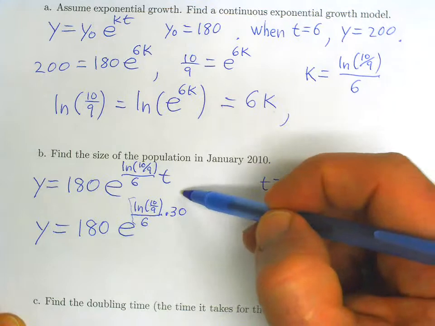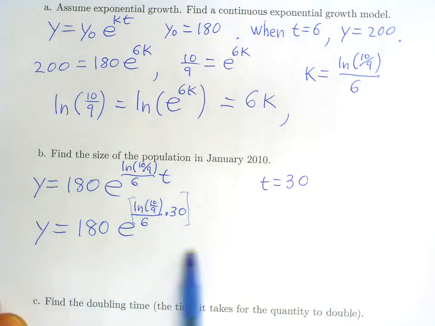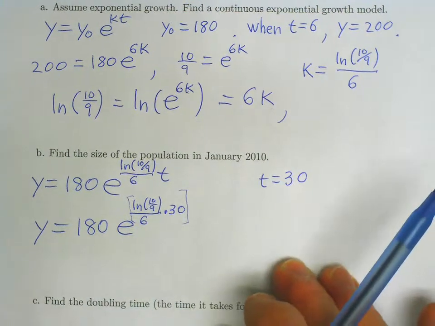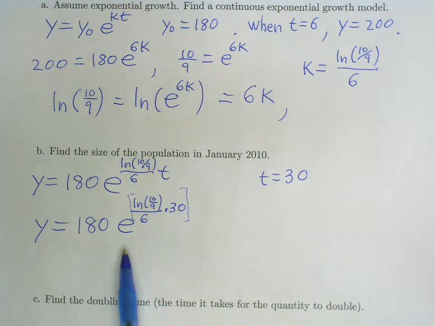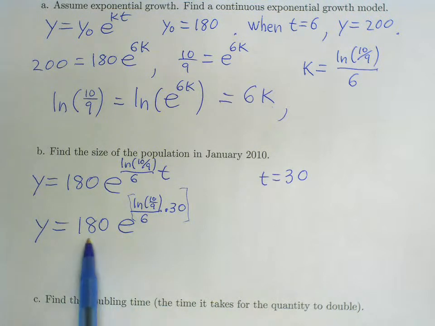So on next Friday's test, this is a satisfactory answer. But do practice with a calculator how to convert this to an actual number that you can relate to. And populations are typically rounded to the nearest whole number.